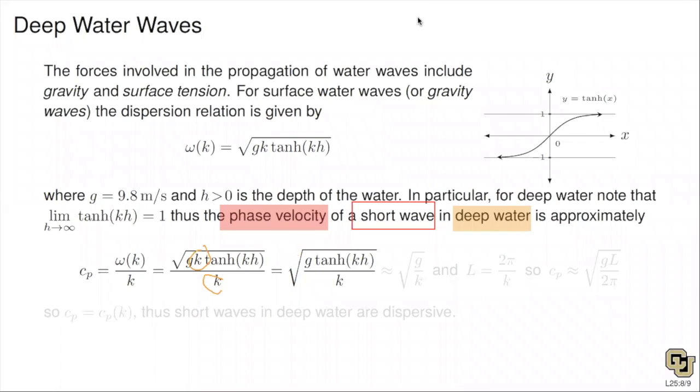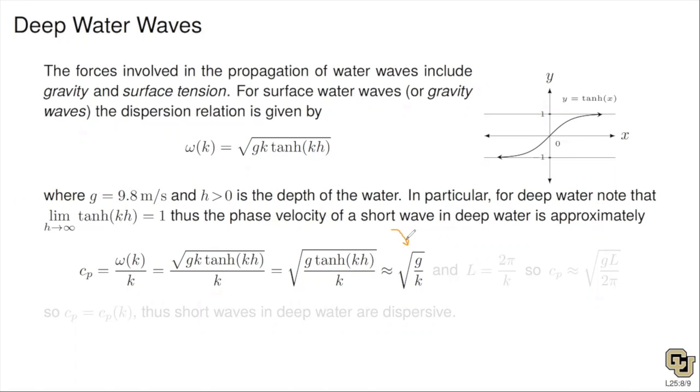So then I put everything over a single root. Now I send h to infinity and replace the hyperbolic. So now let the depth of the water become very deep. So that term goes to 1. And so our phase velocity for short waves in deep water is root of g over k.